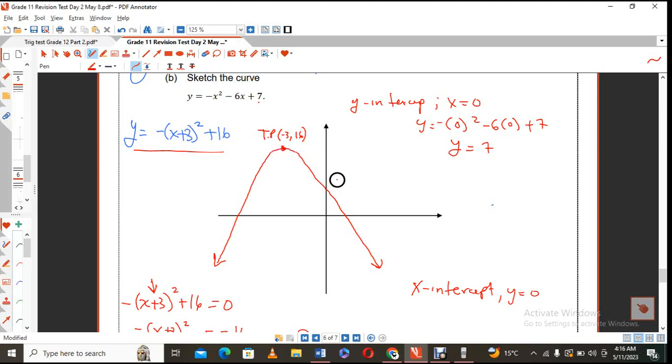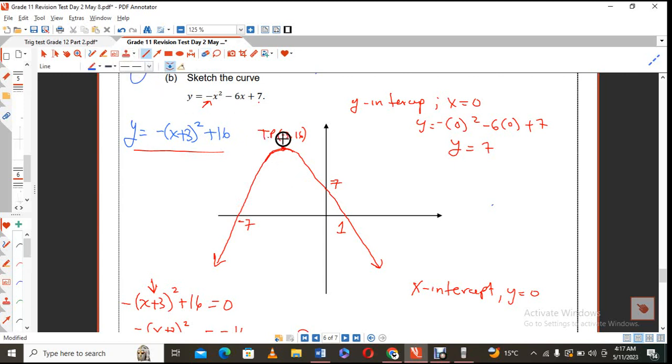Here this is 7, here this is negative 7, and here this is 1. In this form, it is obviously because of the value of a: if the value of a is less than 0, then the graph takes that shape.